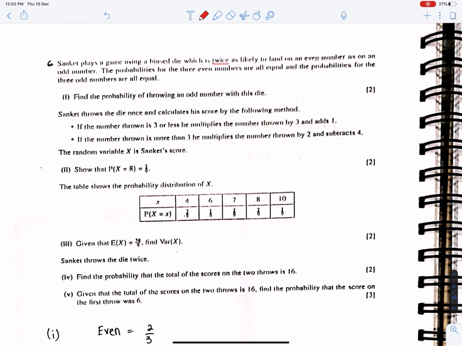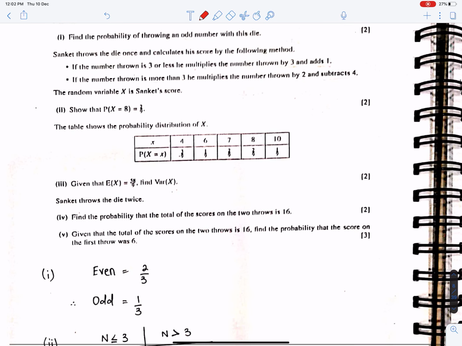The probability for an even number is twice that of an odd number. So by using the ratio method, we can do this. Odd, even. If odd is 1, then even will be 2, and the sum of the ratio is 3. Therefore, the probability for odd is 1 upon 3 and the probability of even is 2 upon 3.